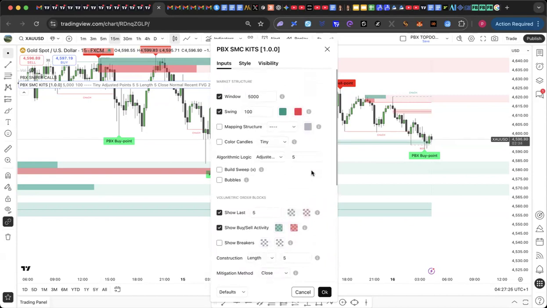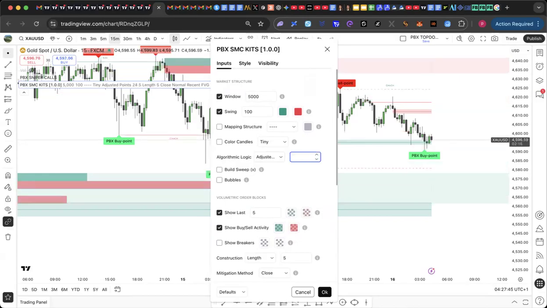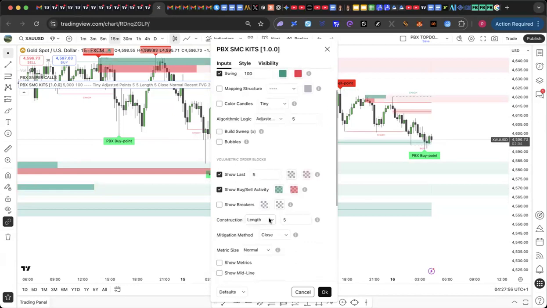You probably want to reduce the width. Sometimes I reduce the width of the algorithmic logic. Look at the algorithmic logic, I reduce the width. This is contraction.